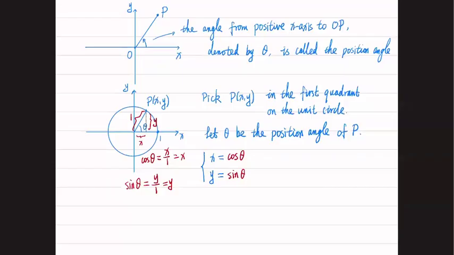What Aaron said, y over x: sine over cosine, which is tangent. Nice.